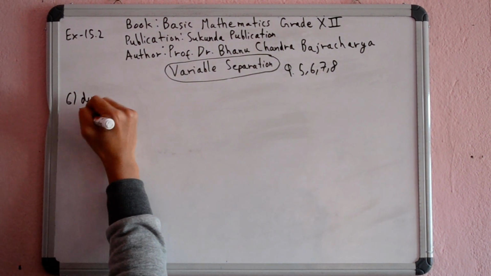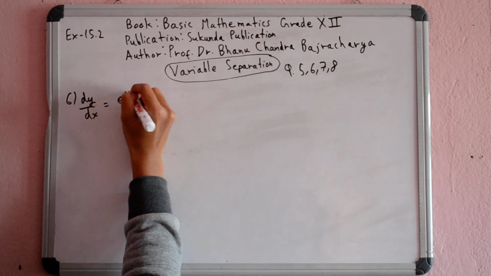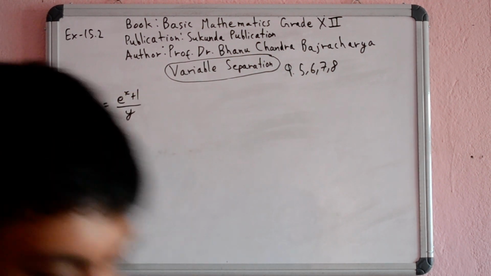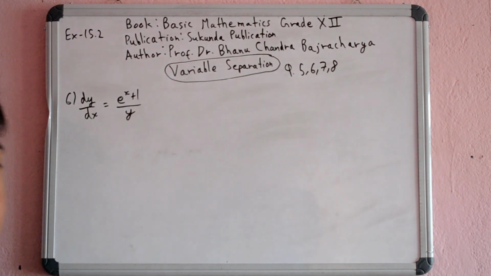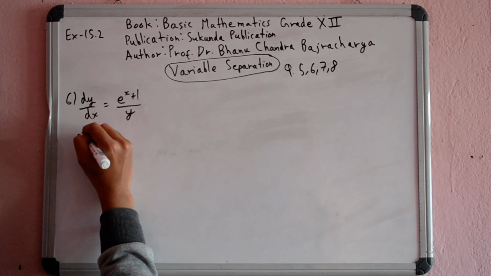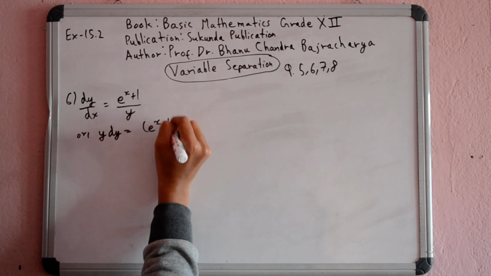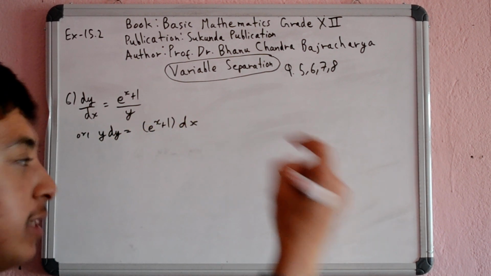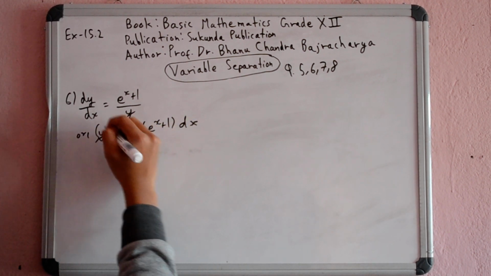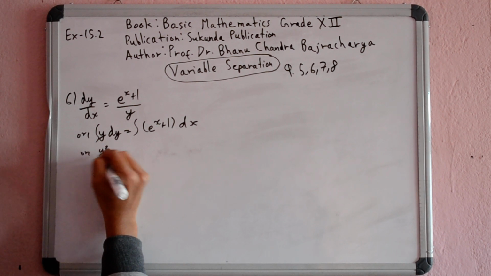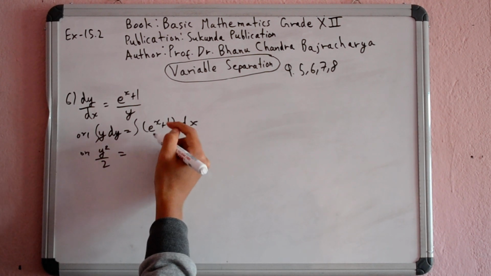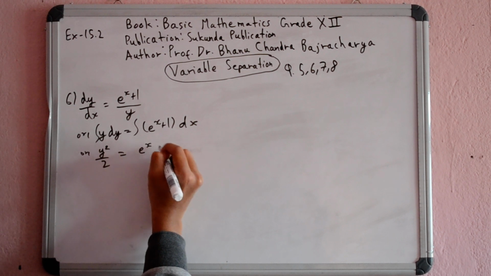dy by dx is equal to e to the power x plus 1 by y. So again, let's separate the y's and x's. So y dy is equal to (e to the power x plus 1) dx, and integrate both sides. This becomes y squared by 2. Integration of e to the power x is e to the power x.